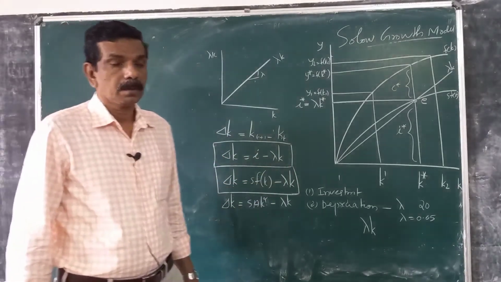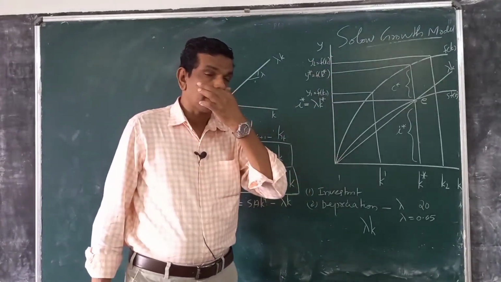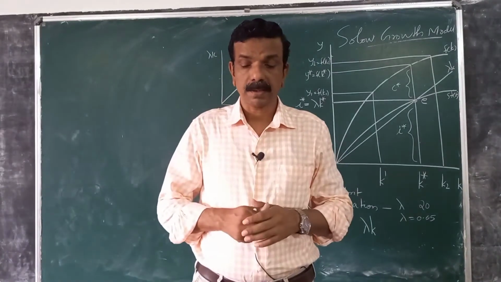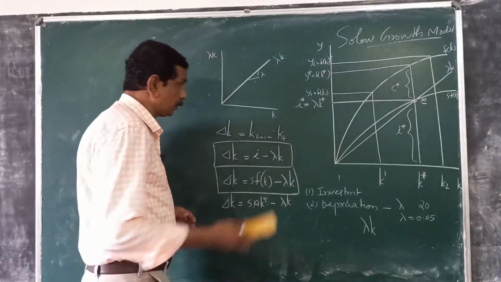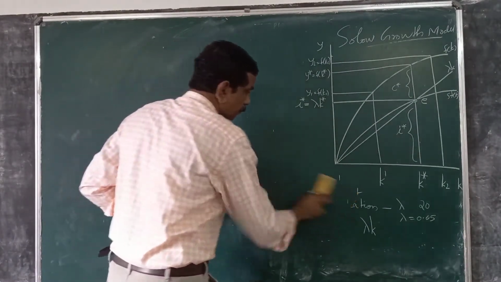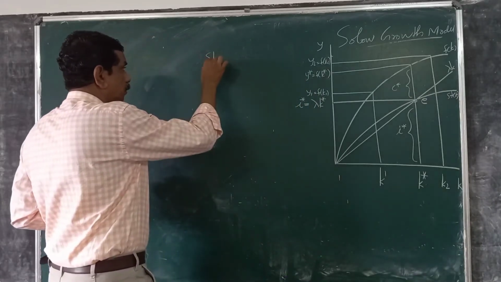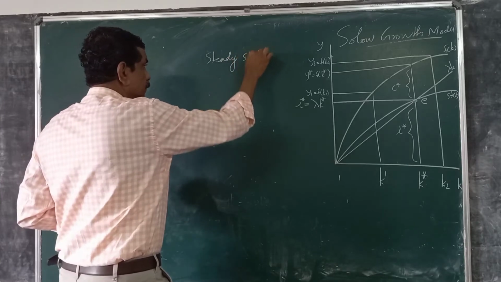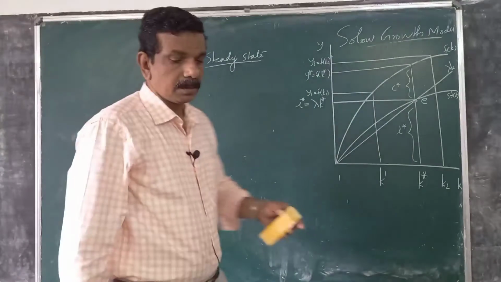Now, given the capital accumulation equation and also given the production function, we can define what is known as steady state. We can define steady state in the Solow model.